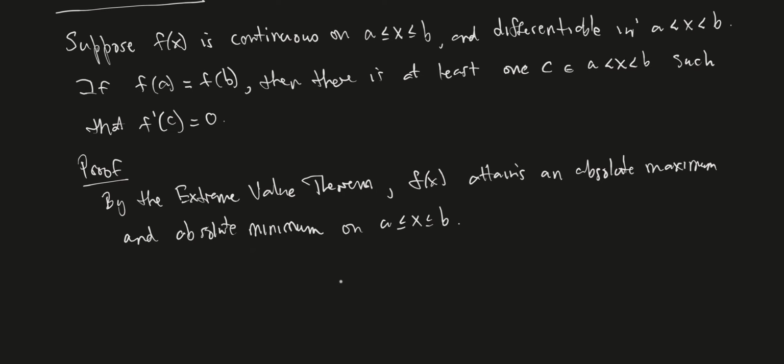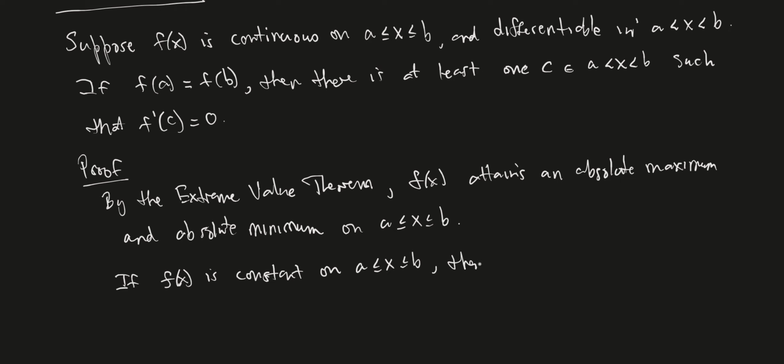Now, there are two possibilities. If the function is constant on this entire interval, then both the min and the max are the same constant value. Moreover, we know that the derivative of any constant is equal to 0.